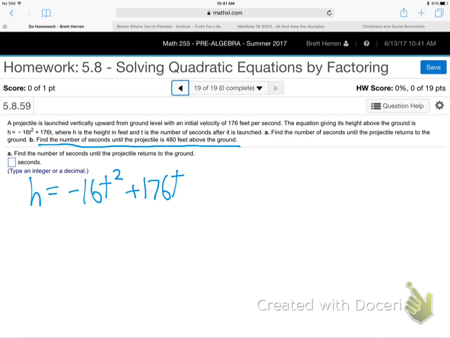That's h. So last time h was 0, because they wanted it on the ground, height 0. Now they want it at 480 feet high, so h is 480. Exactly. You guys are doing physics. There we go.